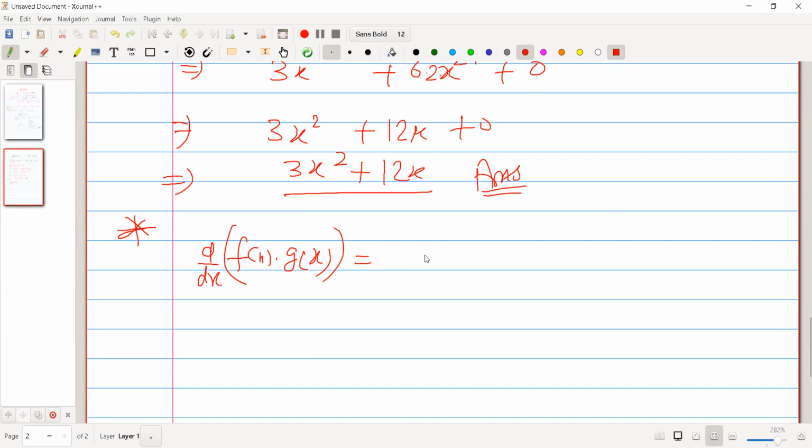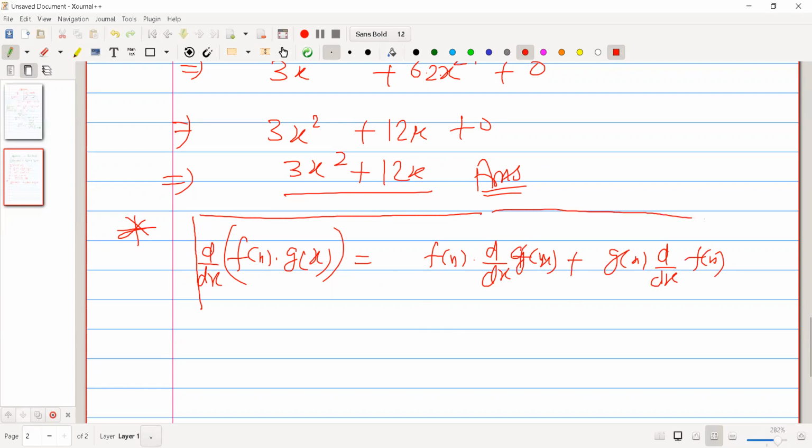This is my formula and we have to apply it: f(x) into the derivative of the second function, and g(x) into the derivative of the first function, right? This way we can find it. Using that, we will solve some examples so that we will get the basic understanding of how to apply it.